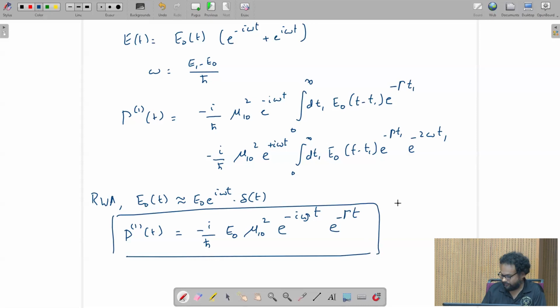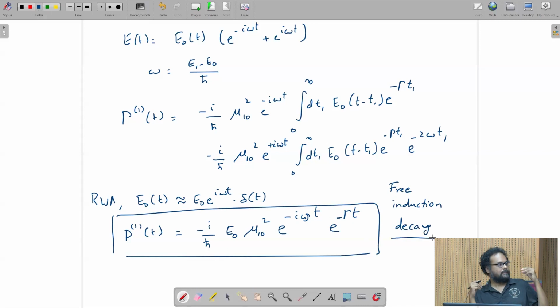So this is what is referred to as the free induction decay. What free induction decay means is that you have a two-level system, and I come with an electric field, an impulsive excitation, so a delta function, boom, and it generates coherence, and this coherence will evolve in time.